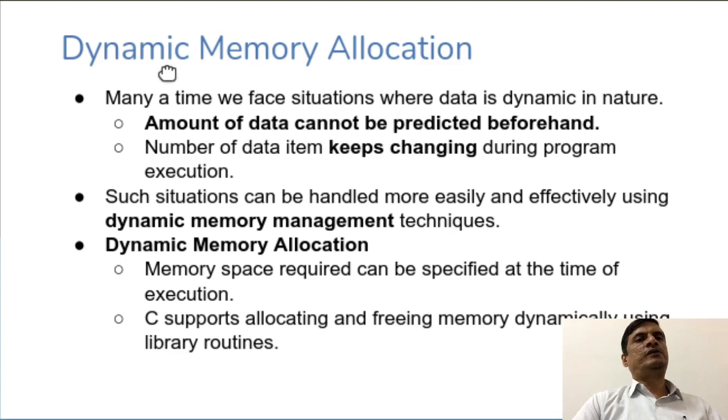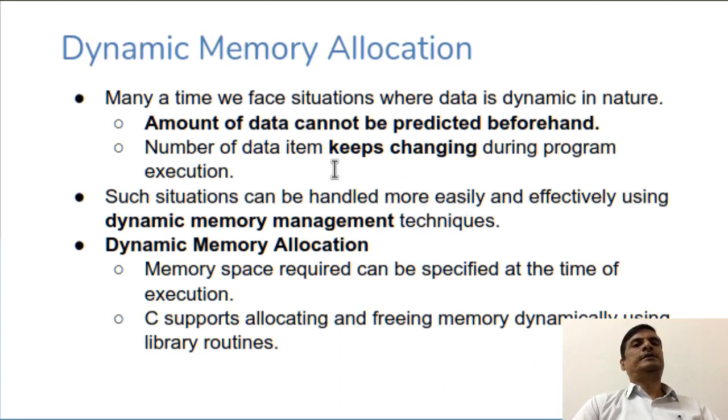Followed by that, we discuss something about dynamic memory allocation, because whenever we discuss any program on pointer variables, we need it. Many times we face situations where we need the memory not at compile time but at run time, because there will be instances where at compile time we may not be able to estimate or predict the amount of data that we need when the program is running.